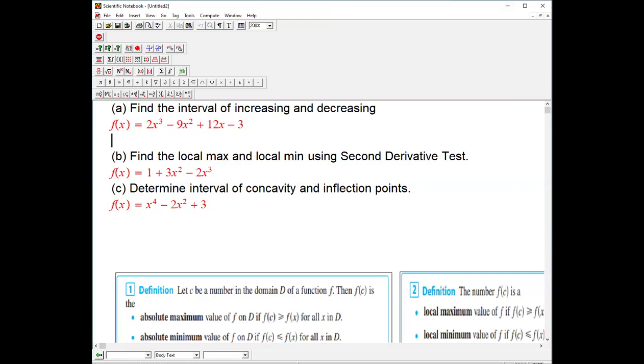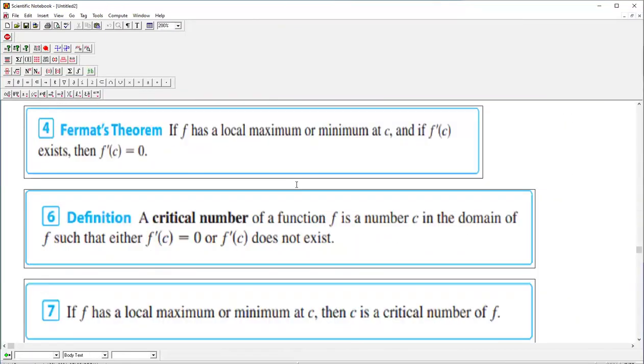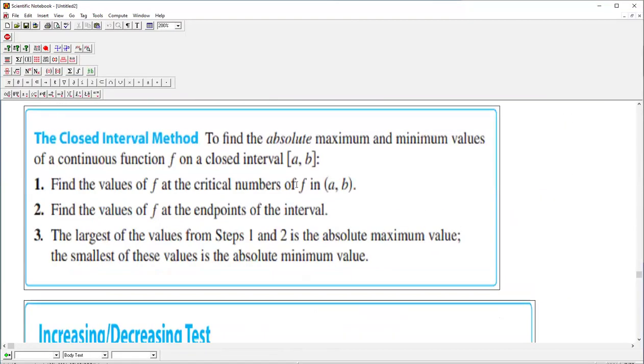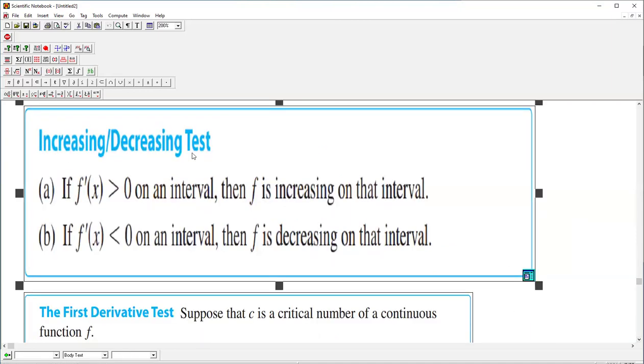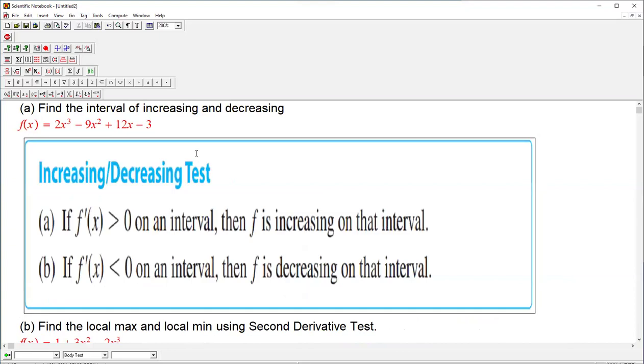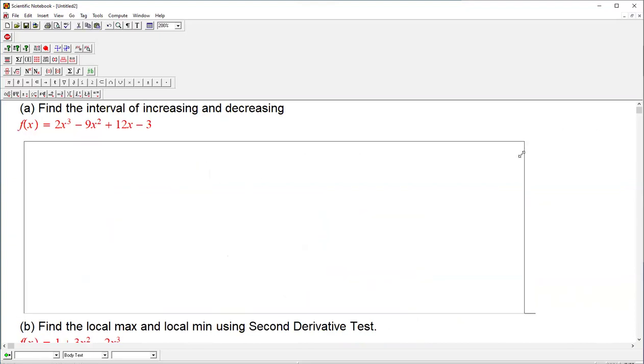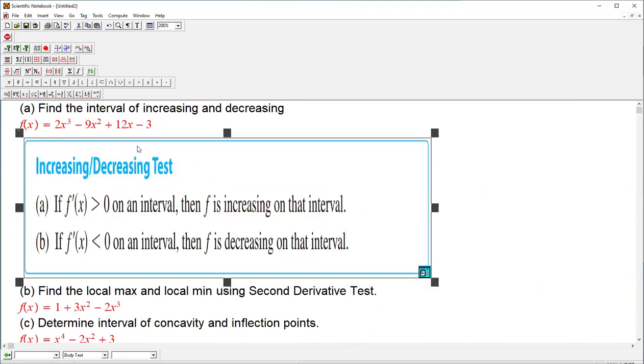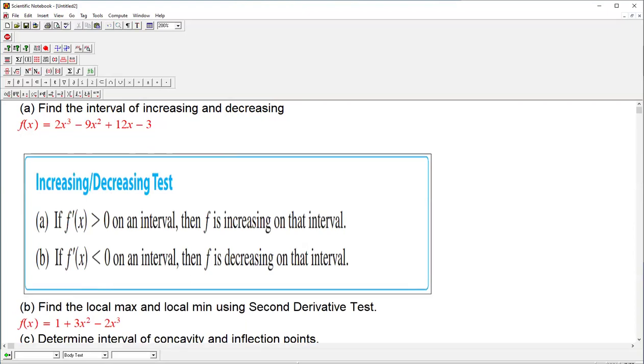We just need to find the theorem that's relevant for this question, which is the increasing, decreasing test. So we bring that up.